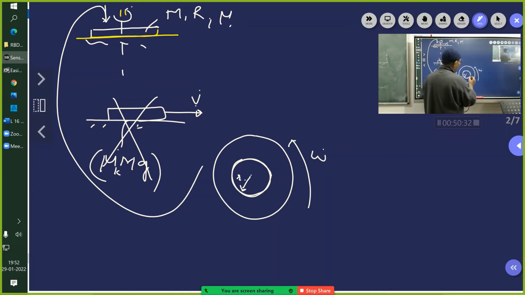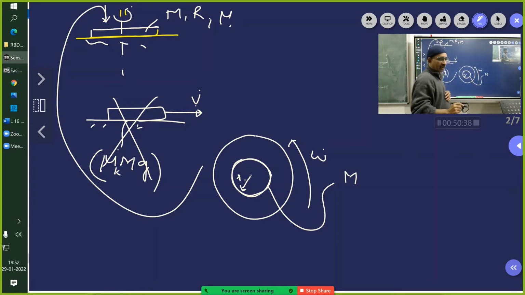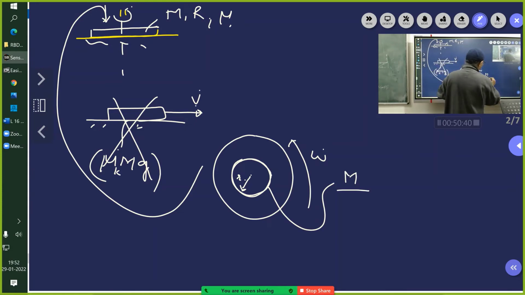What will be the frictional force that will act on this? The total mass is m. The total area is pi r square.